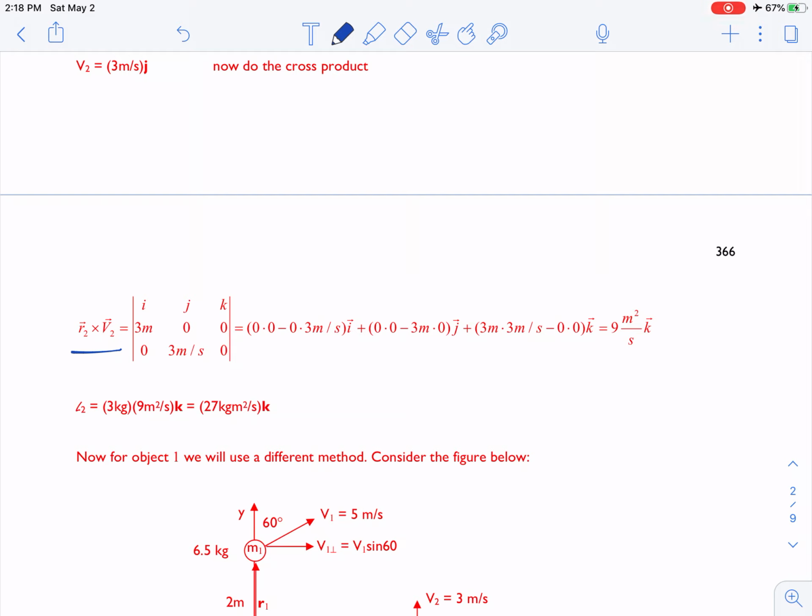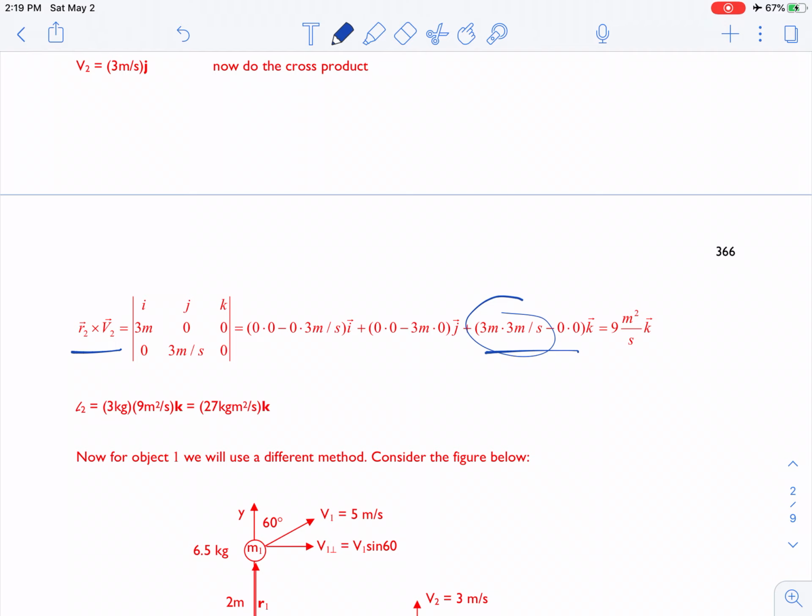And once you do that, there's only one term that gives you non-zero, right? And it's simply coming from here, 9 meters squared per second. Again, this is meters squared per second. It's not the angular momentum unit yet, but one thing we find out is it's along the k hat direction.